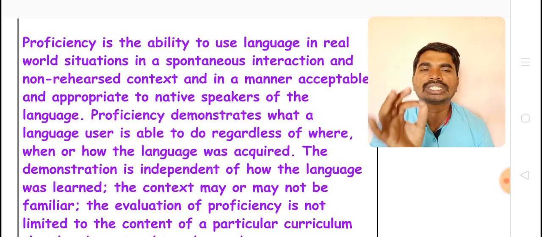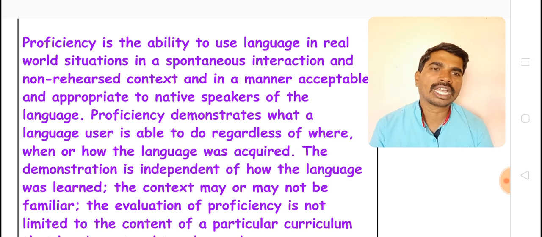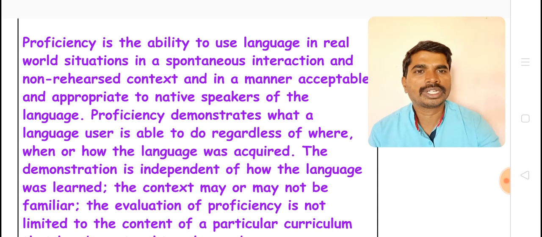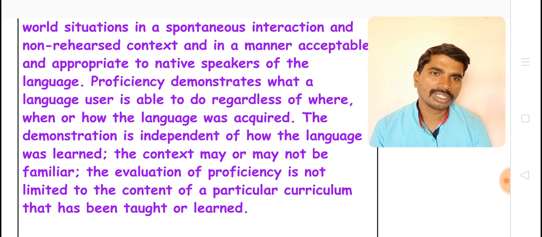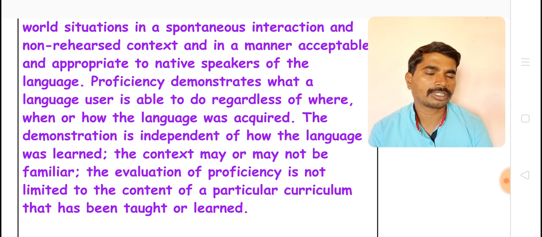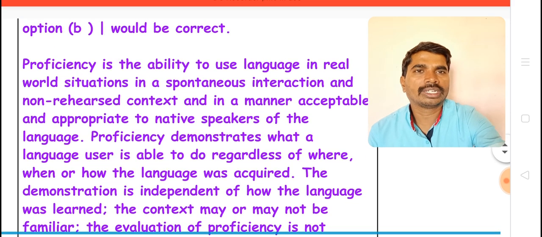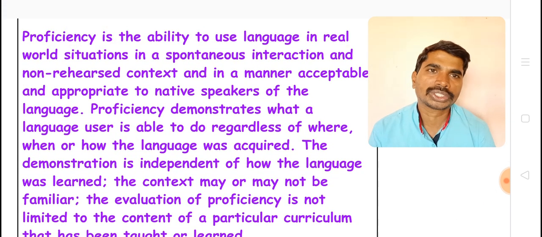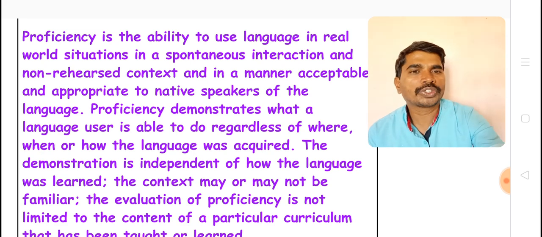The demonstration is independent of how the language was learned. The context may or may not be familiar. The evaluation of proficiency is not limited to the content of a particular curriculum that has been taught or learned. So it's a general category: an ability to use the language in real situations with spontaneous interaction. So that is proficiency.